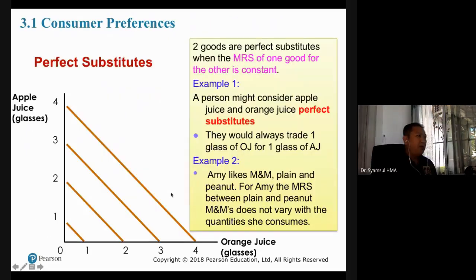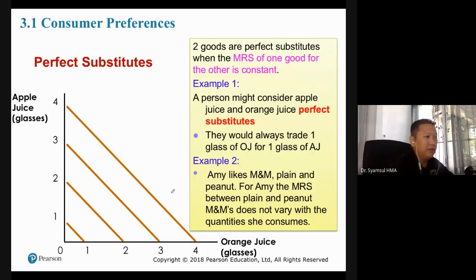Now we also have what we call perfect substitution, where whatever amount you give up, the two goods are perfect substitutes. This is when the MRS of one good for the other is constant.